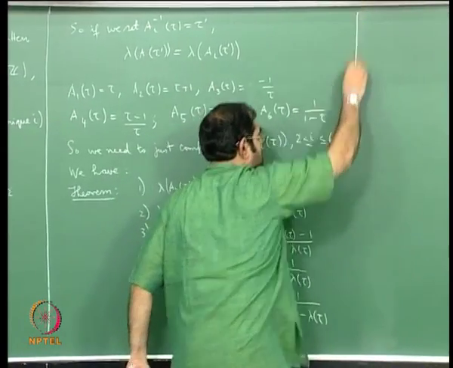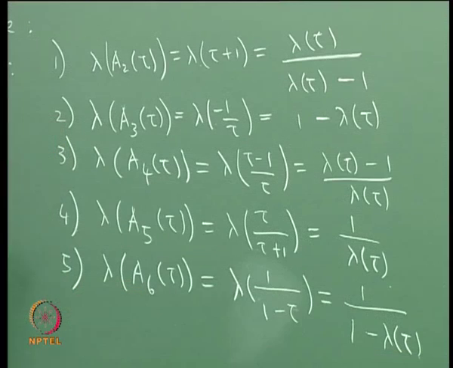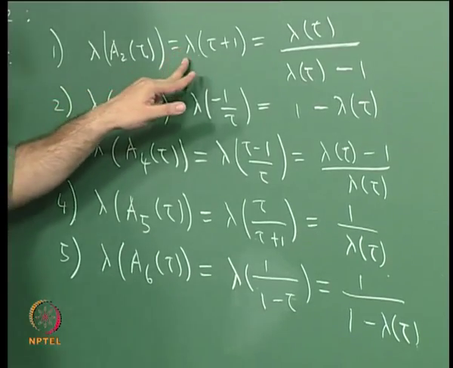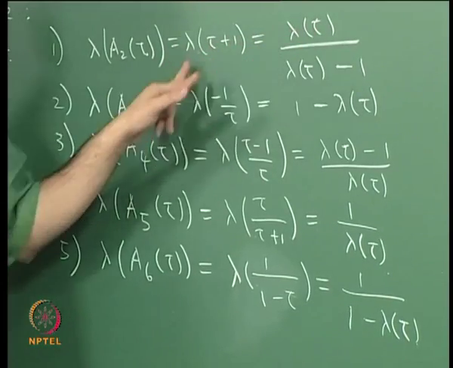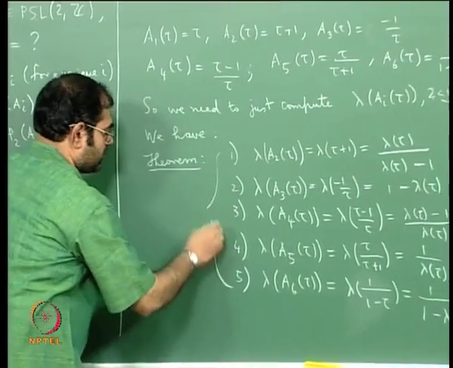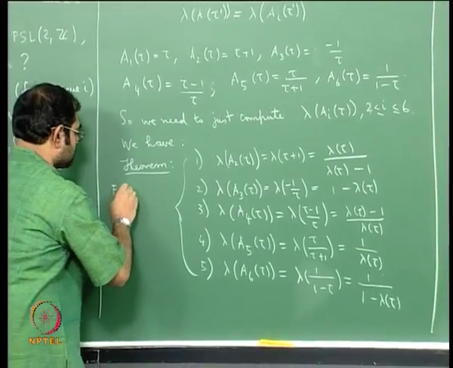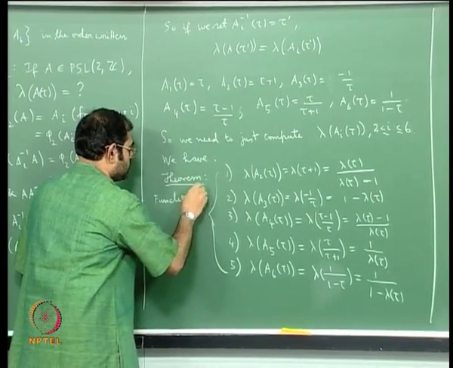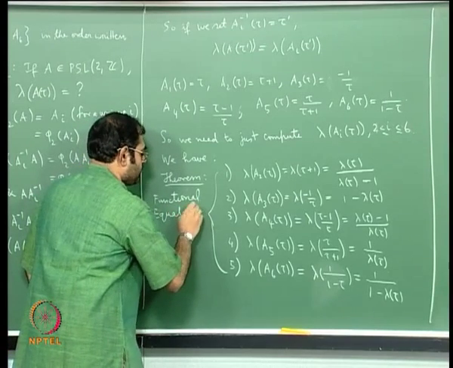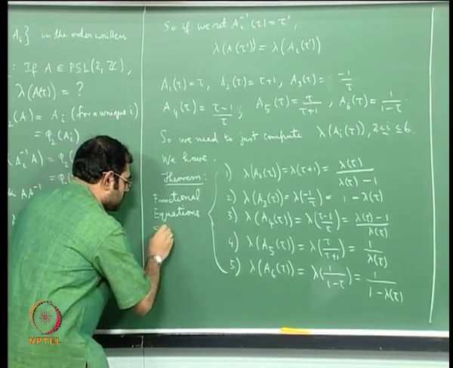So these 5 together are called functional equations of lambda, because you see the same function with a difference in the arguments, there is a relationship. These are called functional equations satisfied by lambda.